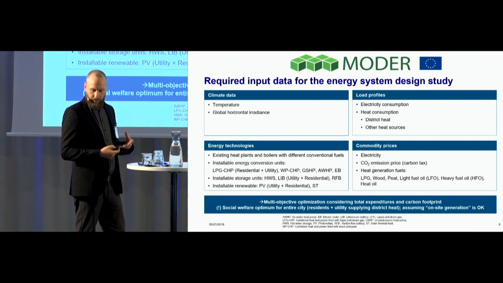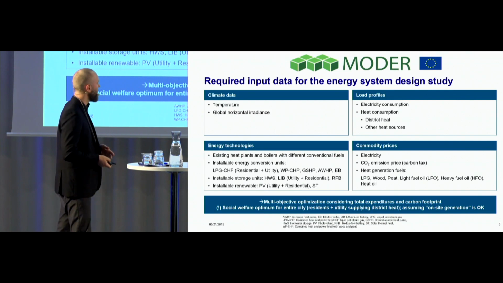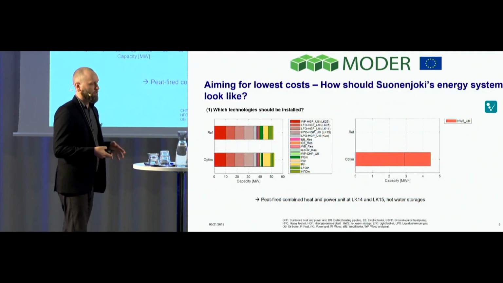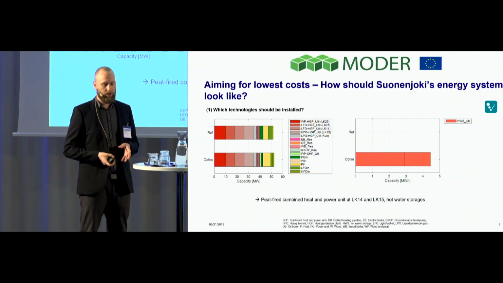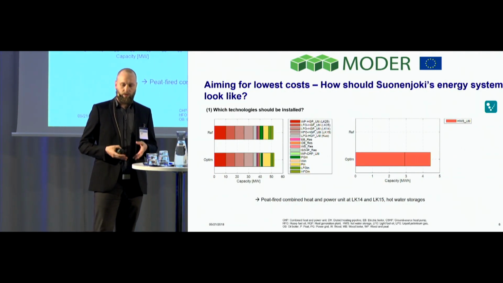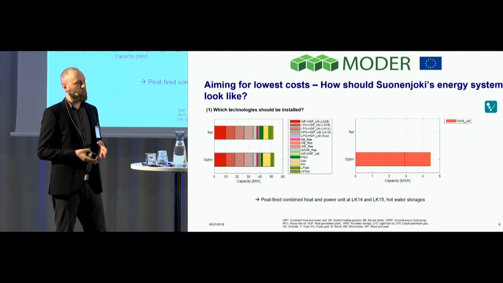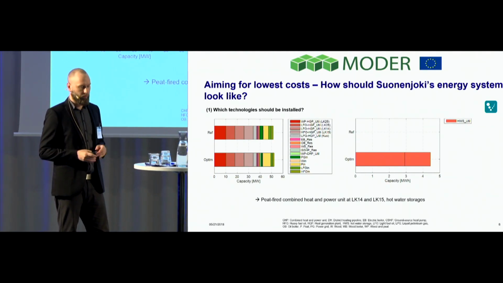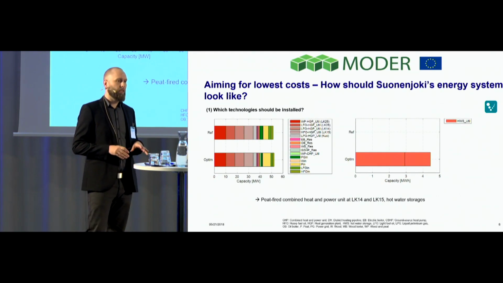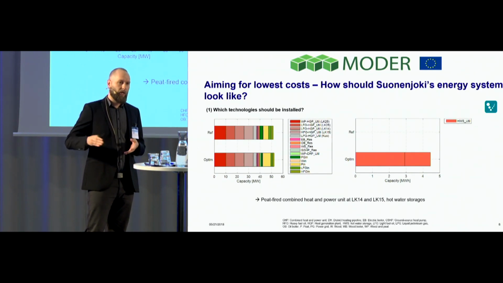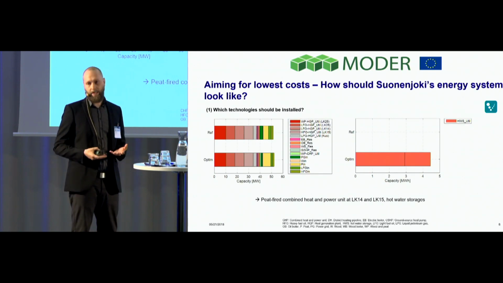So this method was created and developed, and then Suonenjoki was the case to test it. The first test was to find the cost optimal solution. For those who are not familiar with optimization, you have a lot of different combinations, more than you can calculate by hand in decent time.